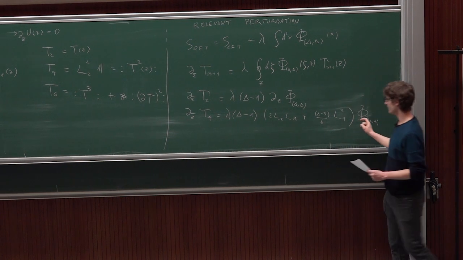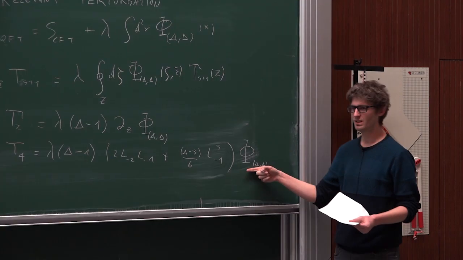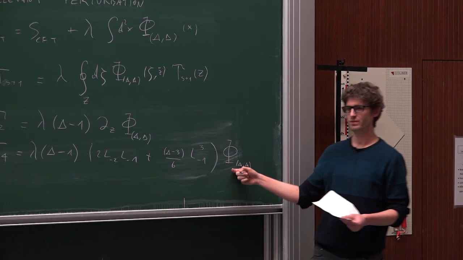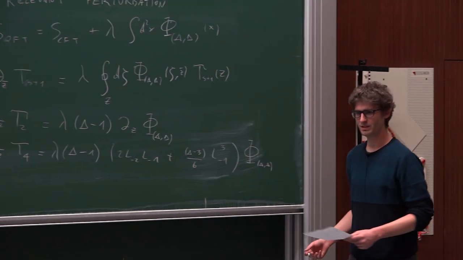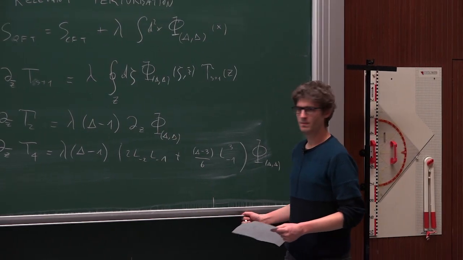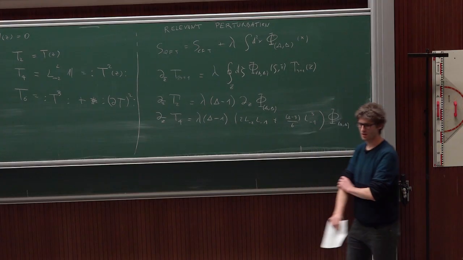And you get this. So you see, you always need to get something that is a descendant of phi. And in this case, you get a level 3 descendant of phi. On the second equation, there is an integral, and the phi is the field that's excited.